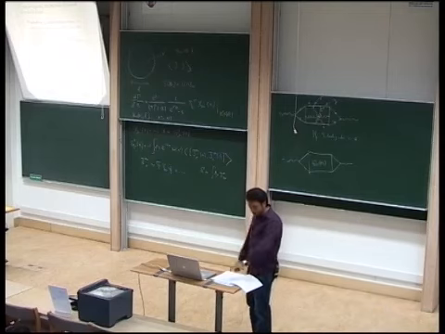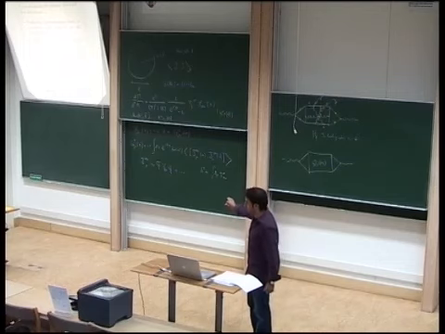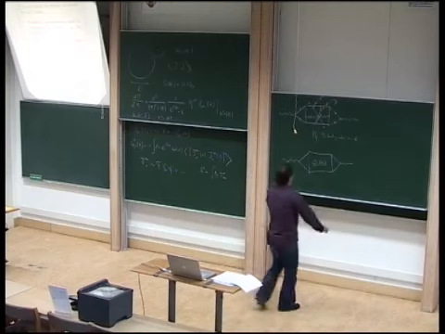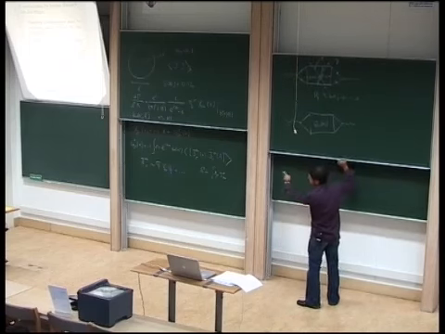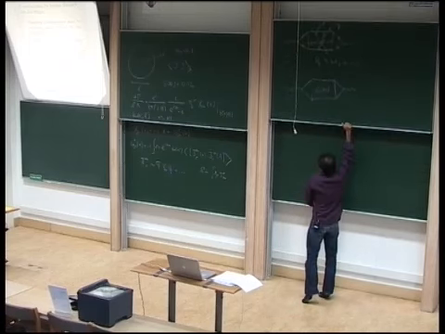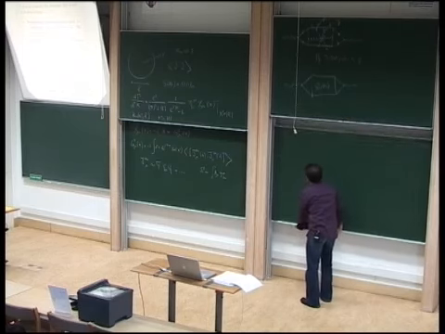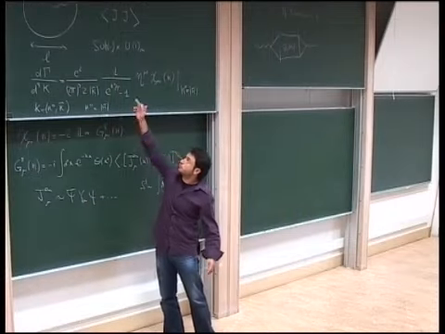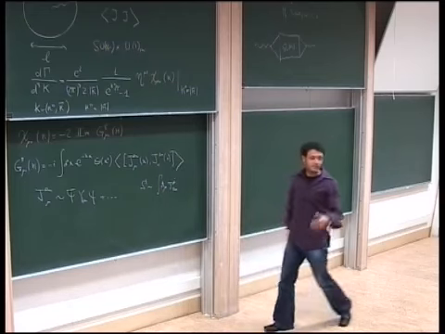Good. So before I tell you how we're going to calculate this, let me emphasize a couple of things. The first one is that I will only calculate this correlator. Remember that the degrees of freedom that are charged under this putative U(1) are the fundamental degrees of freedom.